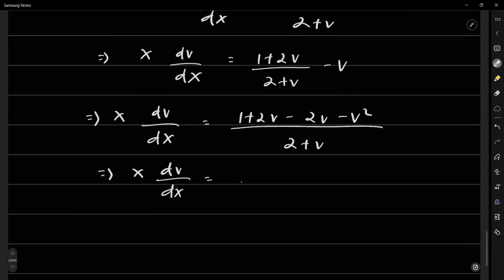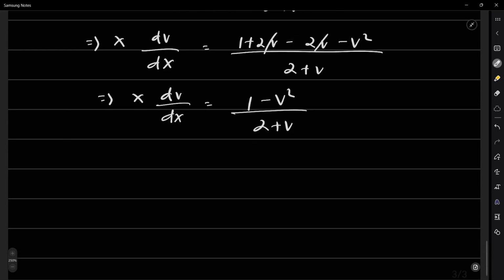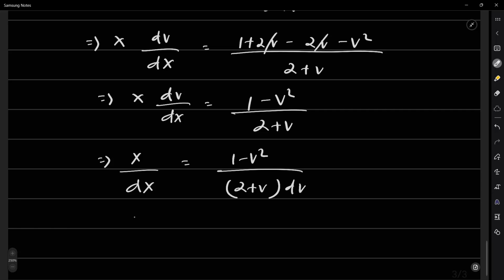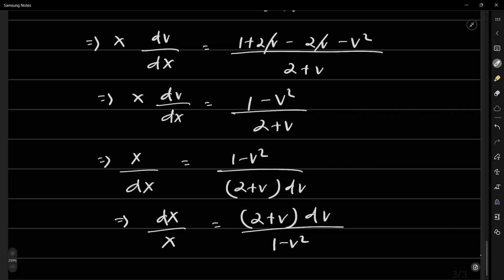So this cancels out. So this is the remainder. So now what will we do? We can write x dv by dx equals this. Now reciprocate. We will get this.